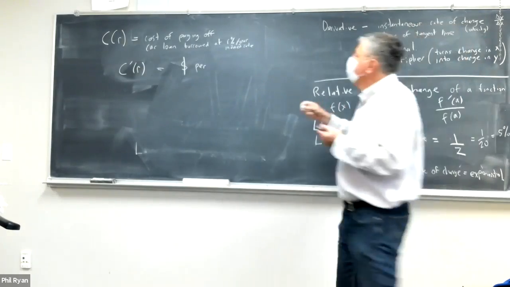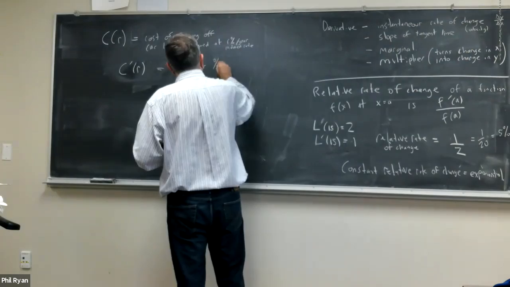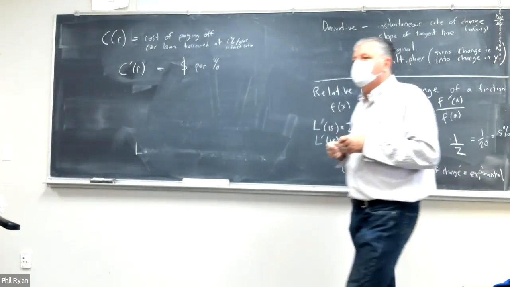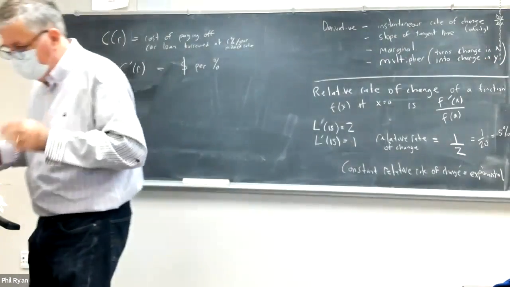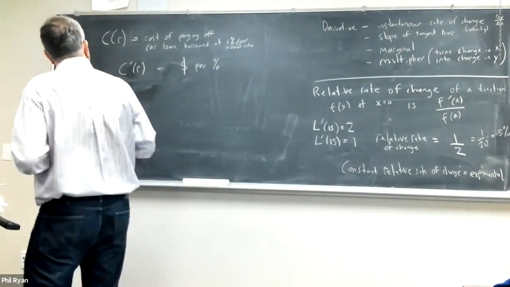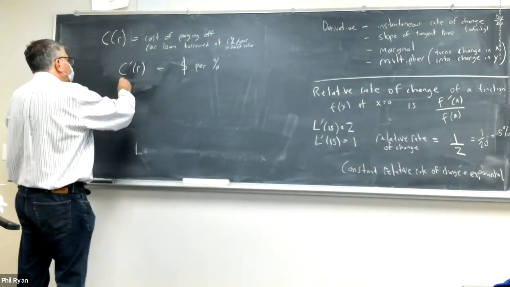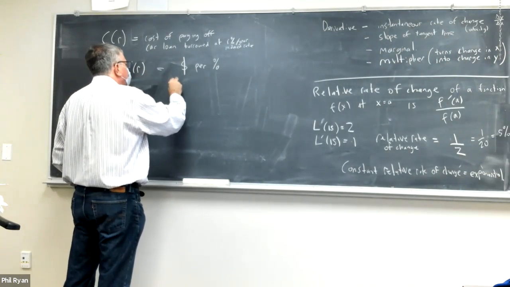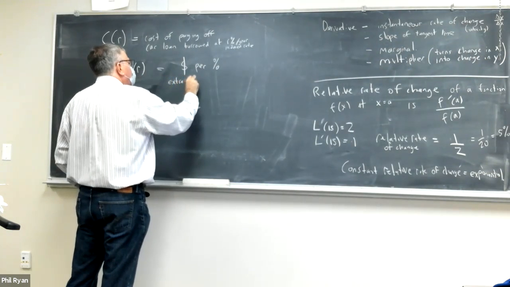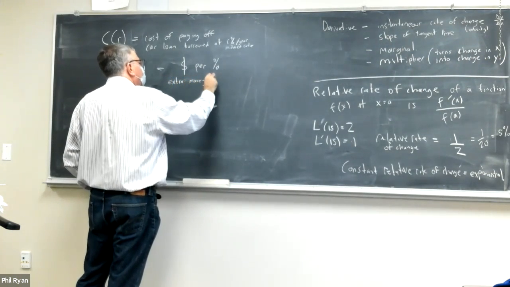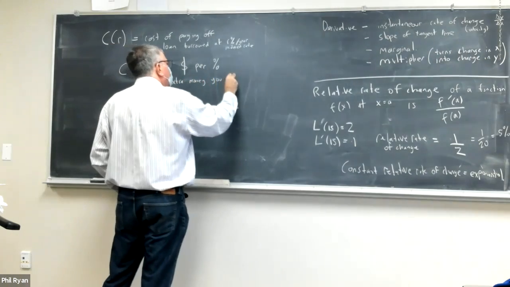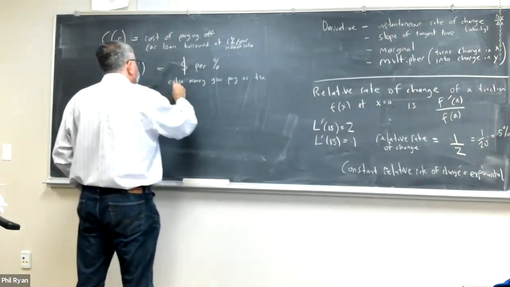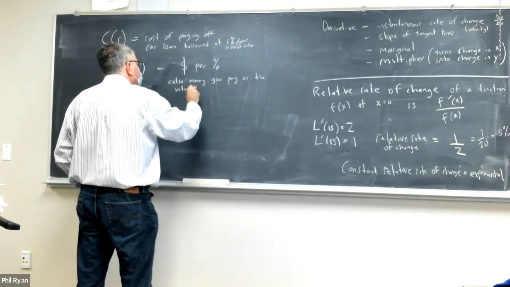Percent of interest rate. Yeah, dollars per percent. So what does that mean? This tells you the extra money you pay as the interest rate rises.